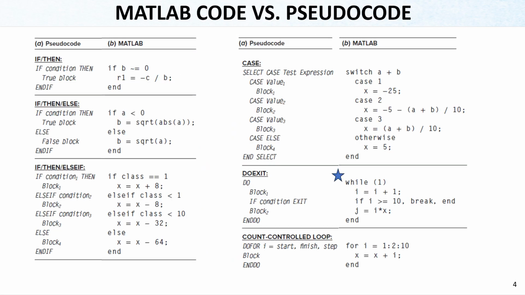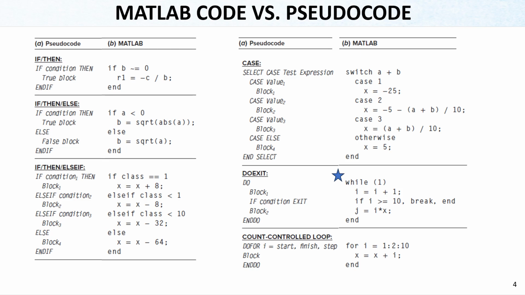Let's now show MATLAB coding style. When we write a pseudocode for an algorithm, we can simply convert it to MATLAB code, because they are very similar. You can see here the if then else, and if then else if cases. If in pseudocode is basically if in MATLAB, and the condition is, for example, b is not equal to 0, and the true block is the calculation of a mathematical operation.